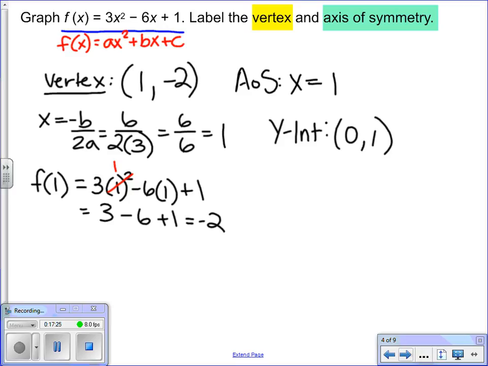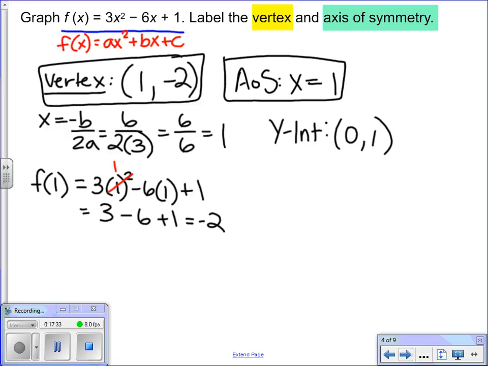I put it right here. There's the vertex. There's my axis of symmetry. And here's my y-intercept. So as I was working, once I found x was 1, I created an ordered pair. And then I plugged 1 in for x to find y, and I added that to my ordered pair for my vertex.